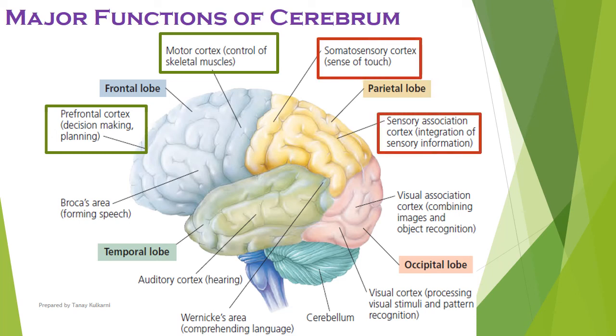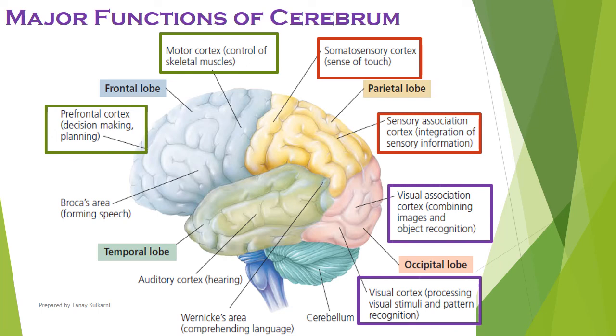Parietal lobe is mostly associated with memory, integrates all the sensory information and develops the sense of touch. Occipital lobe helps in visual association, processes all the visual stimuli and records the images. Temporal lobe helps you in hearing.